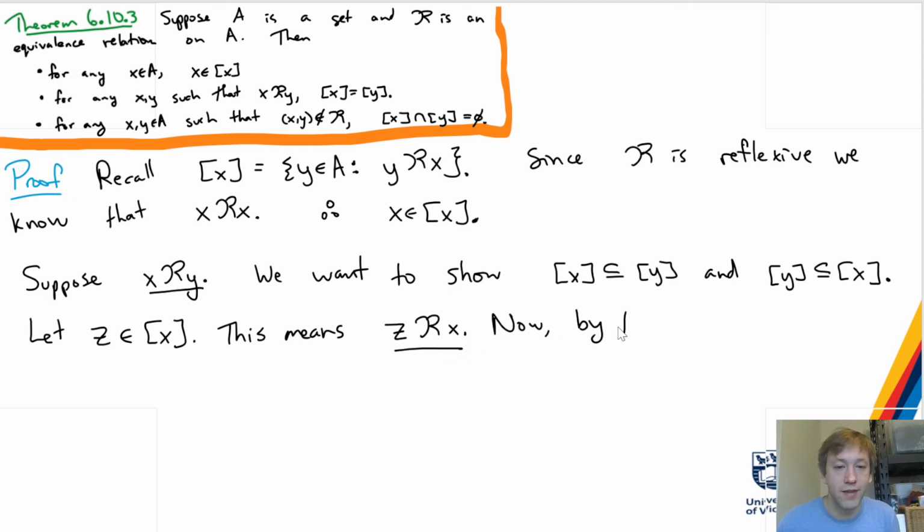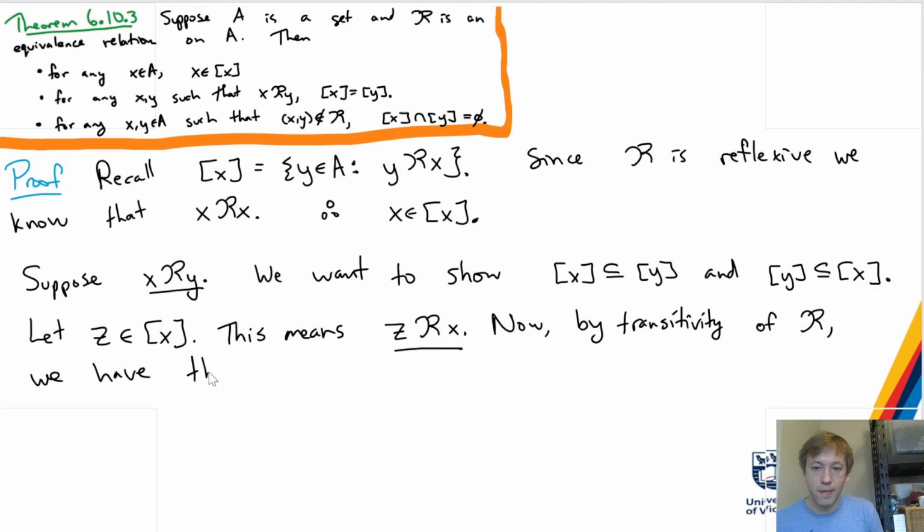So by transitivity of the relation R, we have that z is related to y. So therefore, z is in the equivalence class of y by definition.